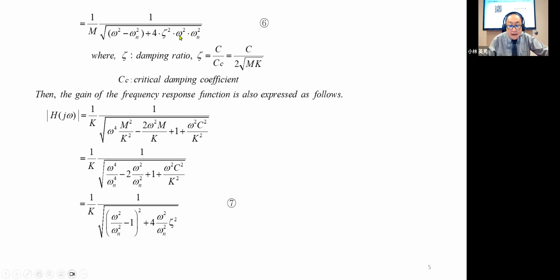This omega is angular frequency. Okay. This omega n means angular frequency at natural frequency.